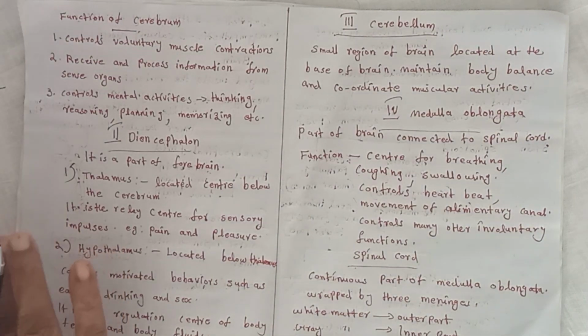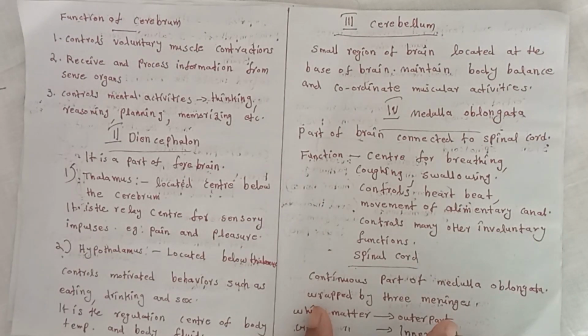Now we have discussed the central nervous system. Next we discuss the other part of the nervous system, the peripheral nervous system.